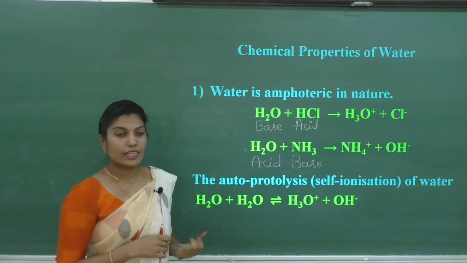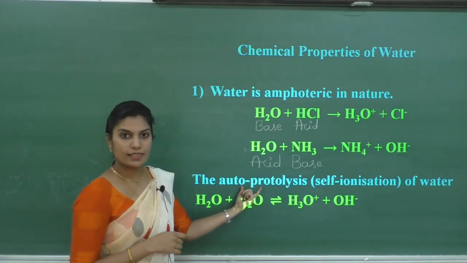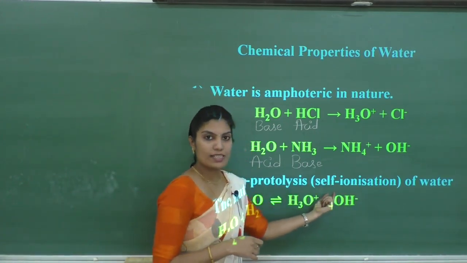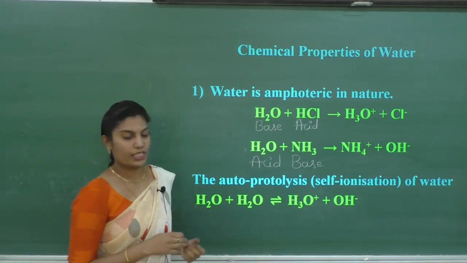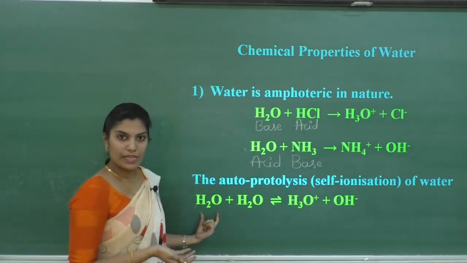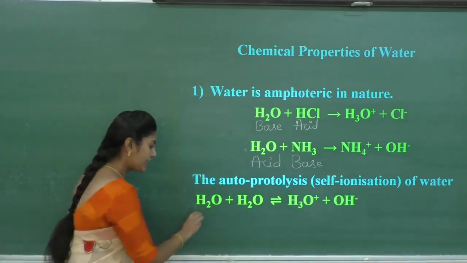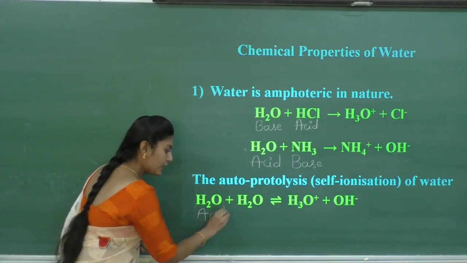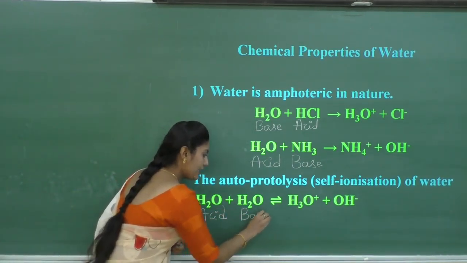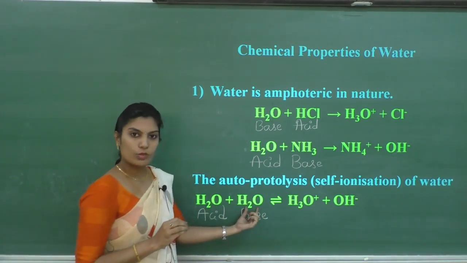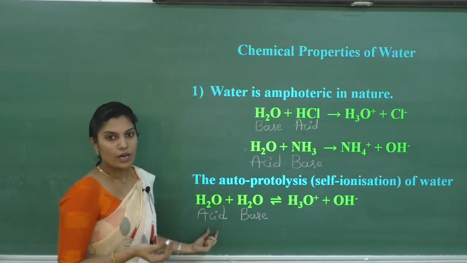Next, the autoprotolysis of water. Water will undergo autoprotolysis. Autoprotolysis is nothing but self-ionization. One water molecule will combine with another water molecule. One will act as an acid, another water molecule will act as a base. You know that an acid is a substance which donates a proton.